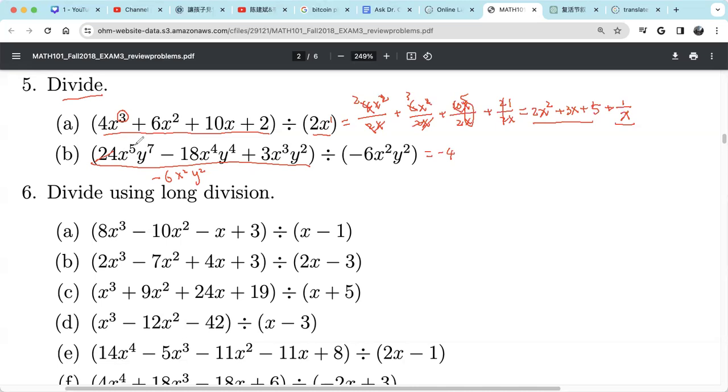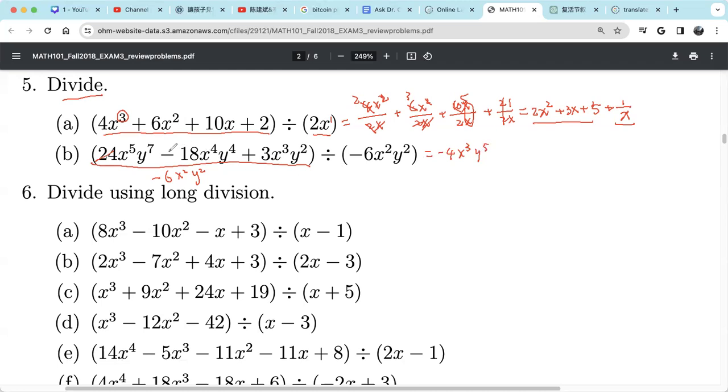Then x raised to the 5th divided by x squared: 5 minus 2, that's x to the 3rd. Y to the 7th power divided by y squared: 7 minus 2 is 5, so y to the 5th power.